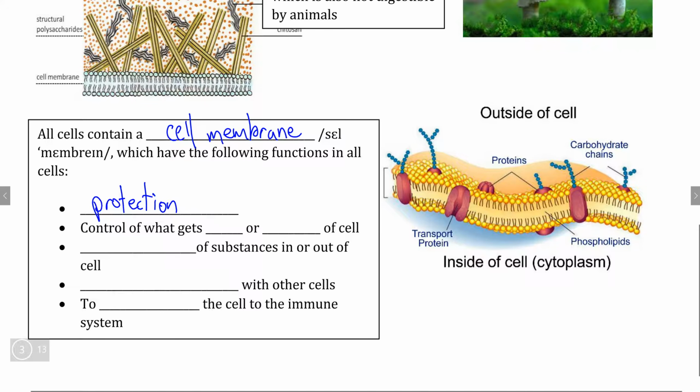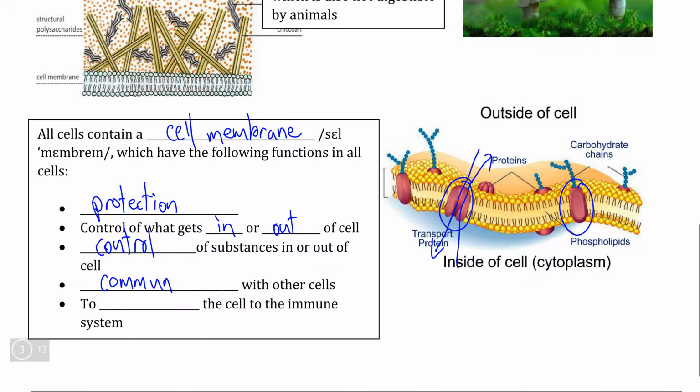And the primary way that cell membranes protect the inside of the cell and all of the organelles and DNA within is that they ultimately control which substances are able to get in or out of the cell. And the way that they do this is by using a series of proteins that exist on the cell membrane, and these proteins are able to control which substances are able to get in and which substances should preferentially get out.